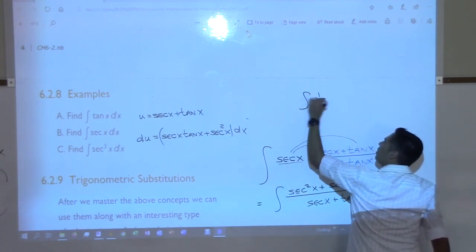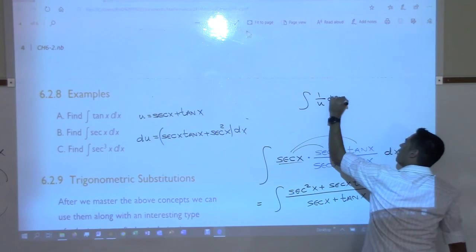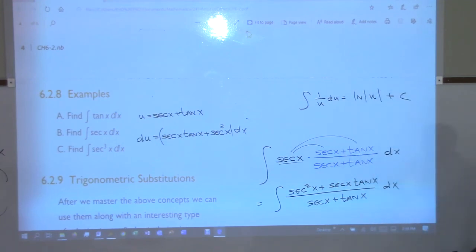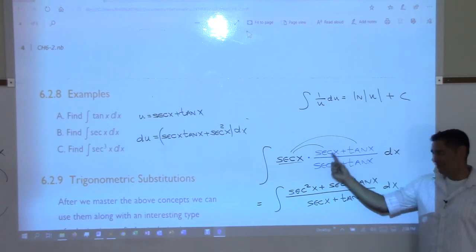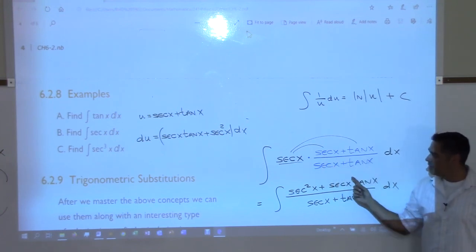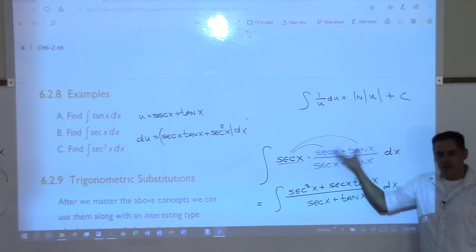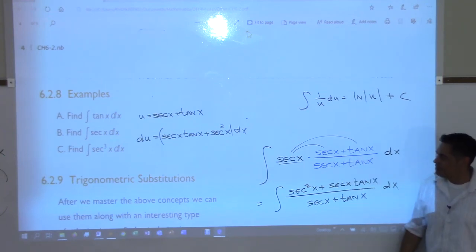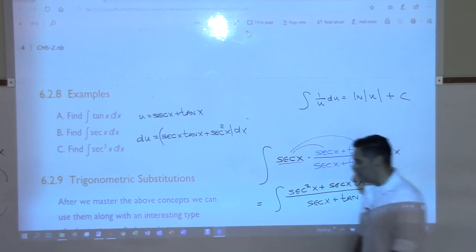And that's natural log of the absolute value of u plus a constant. But what's u? Secant x plus tangent x. You'd never come up with that on your own, right? It'd take a while.